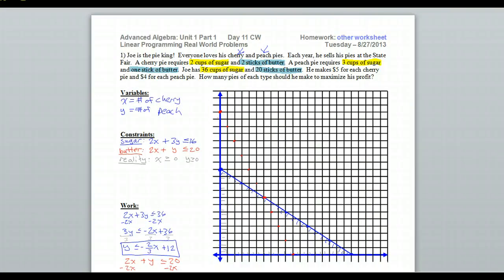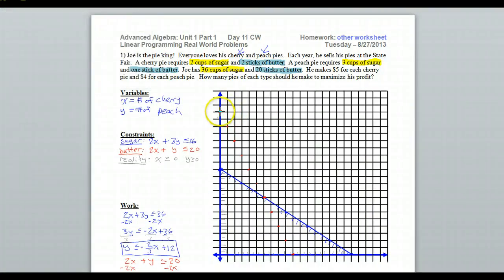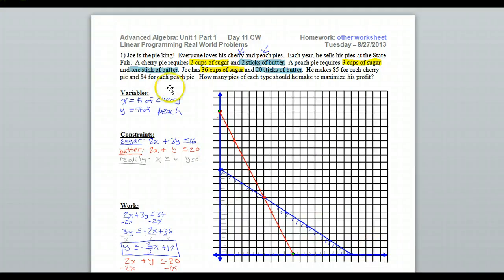I'm going to draw that line. I'm going to make it red. And this is once again a less than or equal to situation.